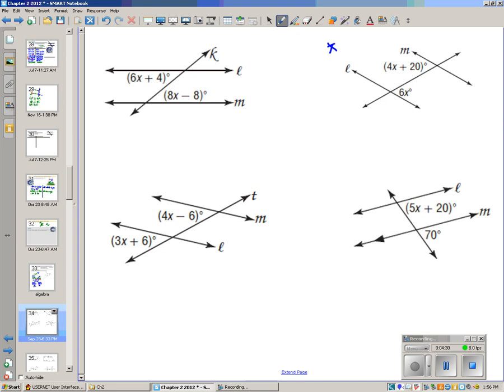Okay, so look at how these two angles are related. They're Z's. They are alternate interior, right? So we could say 4x plus 20 equals 6x. We want to get the x's by itself. This is really just x's alone, so it's probably easier if you move the x stuff to the right.